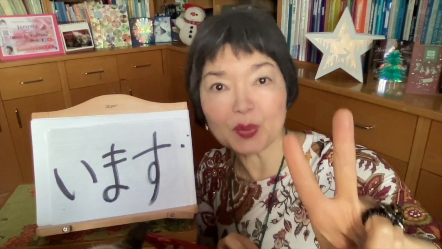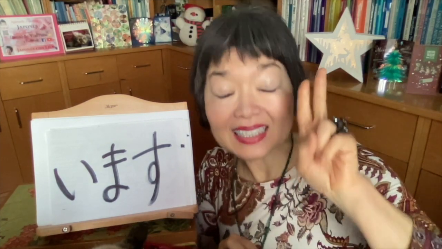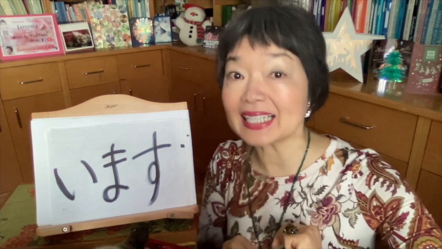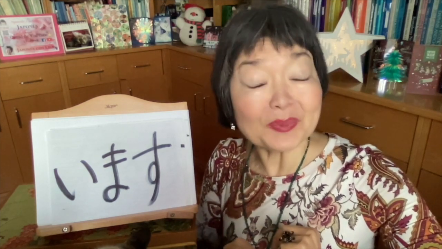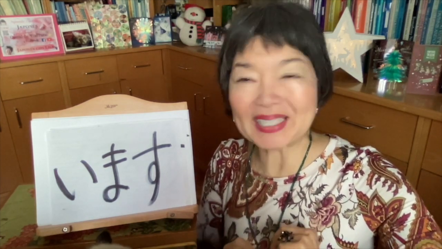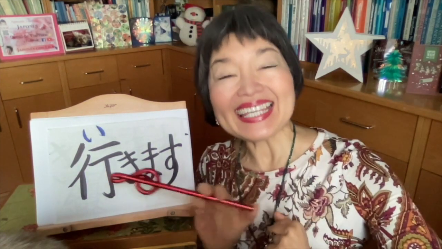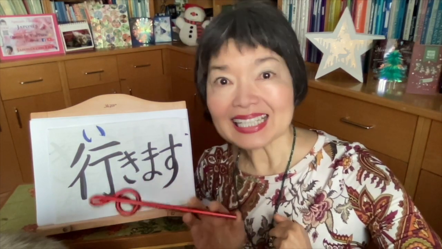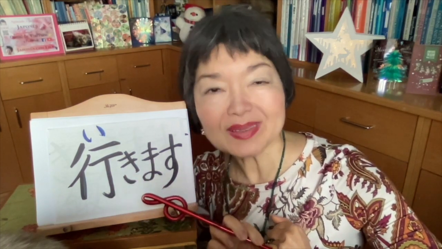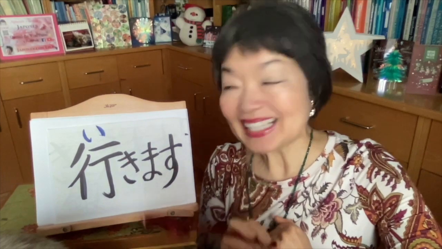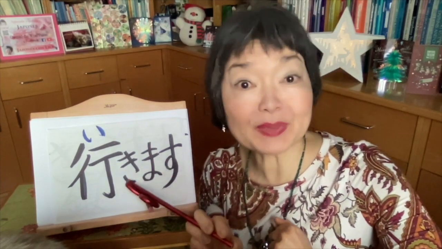4番目、います. Which group is this one? This is the second group. This is an irregular one, so this is difficult. Anyway, the second group is very easy to conjugate: without masu, add te. So いて. 5番目、行きます, to go. Which group is it? Just before masu, there's the sound ki.